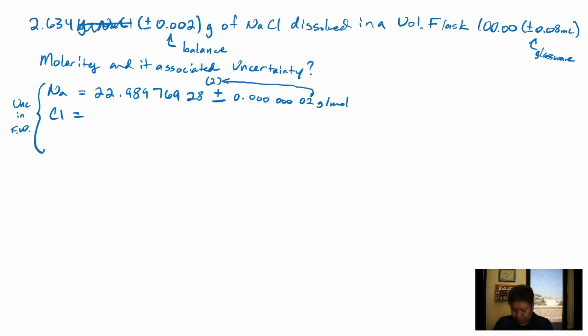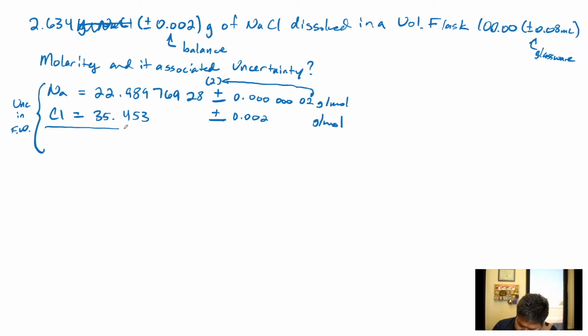Okay. So we did that already for sodium. That's good. Chlorine's a little bit easier with 35.453 plus or minus 0.002 grams per mole.